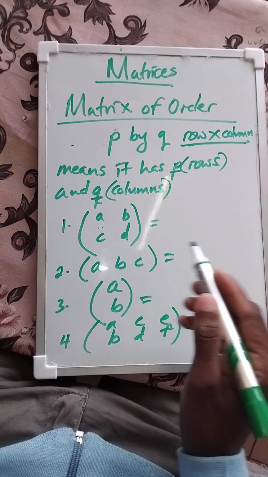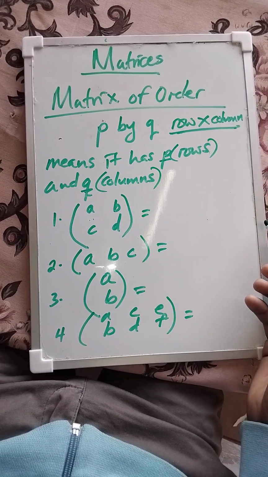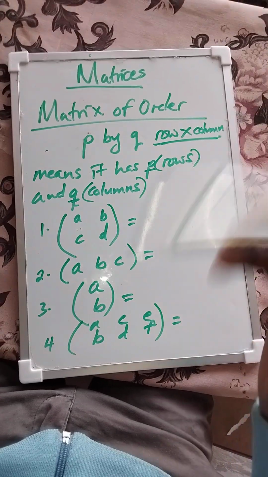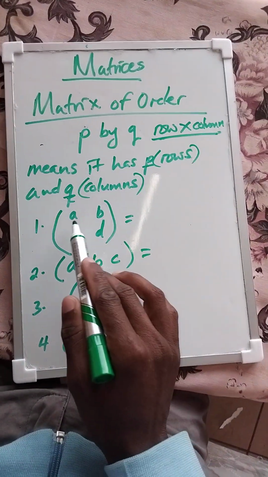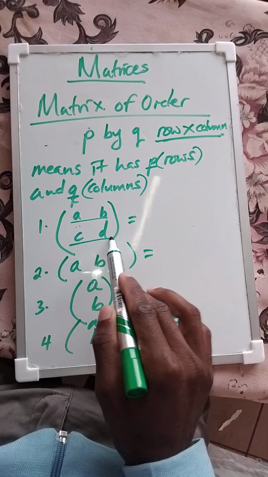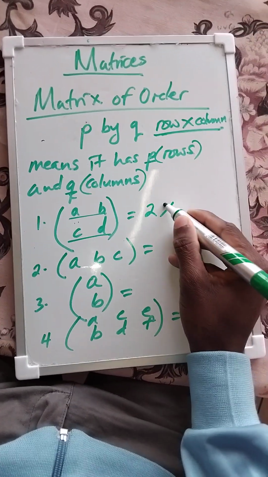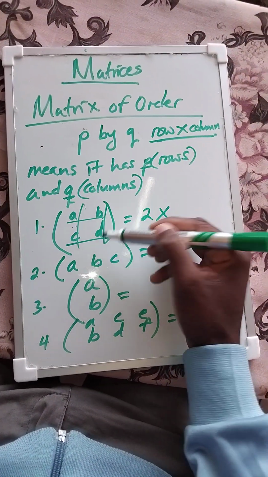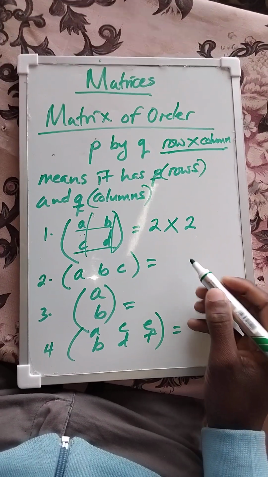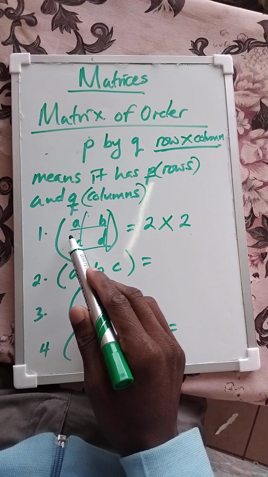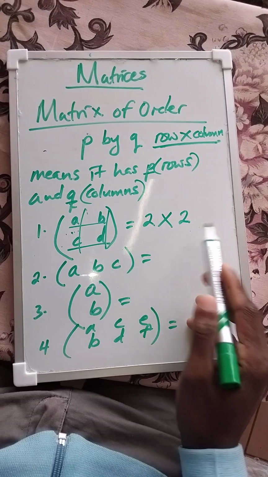So for the order of a matrix, a row is a horizontal line, then a column is a vertical line. So rows 1, 2, and columns 1, 2. So the order of this matrix is 2 by 2.